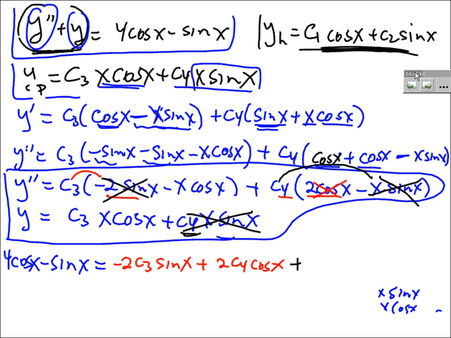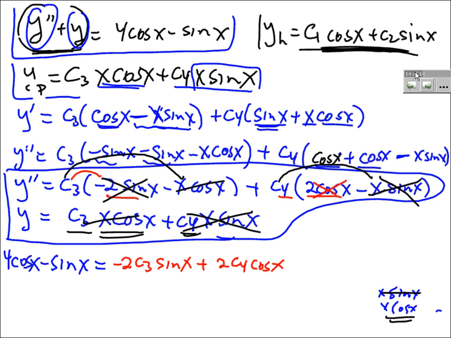And now we go to the x cosine x's. I'm taking away c3 of them. And look, I'm adding c3 of them being x cosine x's. Well, that cancels out. That is, this is all I get.